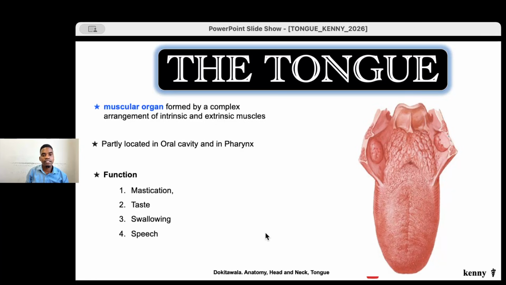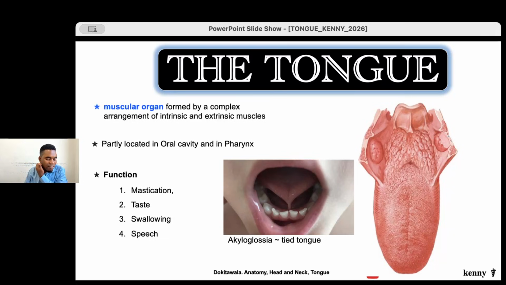We have a situation in which the tongue is tied to the floor of the mouth. Listen, we have a condition which is called ankyloglossia, which translates into tight tongue. In this condition, the tongue is tied to the floor of the mouth, and so the movement of the tongue is limited. Because we have limited movement of the tongue, we also have limited ability of speaking. Why?